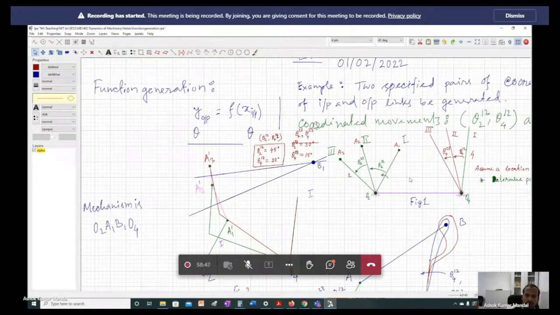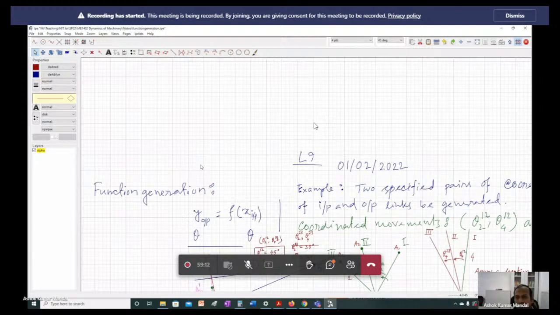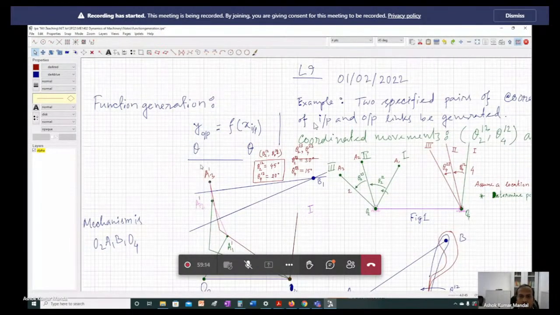That is a constraint. So from that point of view, O2 and O4 are fixed from the requirement. Okay. In another case, if you have the freedom of choice, then you can choose O2 and O4. Okay. So this is the discussion on our function generation.